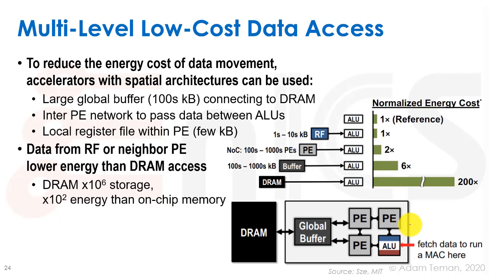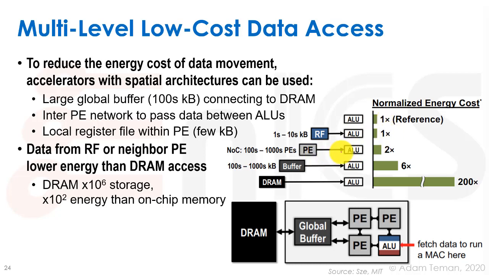So data from the register file inside the ALU or from a local PE is much, much more energy efficient than DRAM access. DRAM is going to be 10 to the 6 larger storage, but it's also going to be at least 100 times more energy wasting than on-chip memory. From the ALU's register files, which are pretty small, it's not going to be a lot of energy.